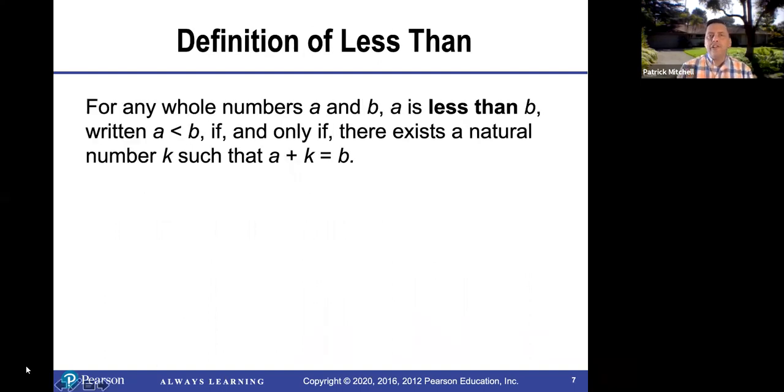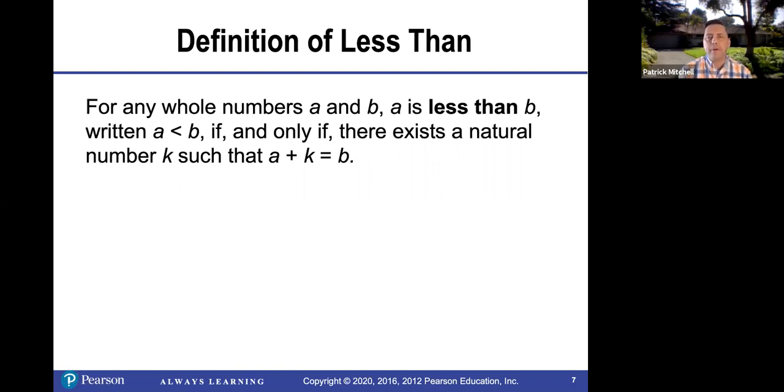All right, definition of less than using addition. For any whole numbers a and b, a is less than b, which of course is written like this, if and only if there exists a natural number k such that a plus k is equal to b.